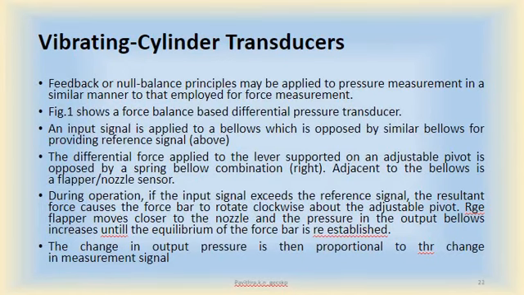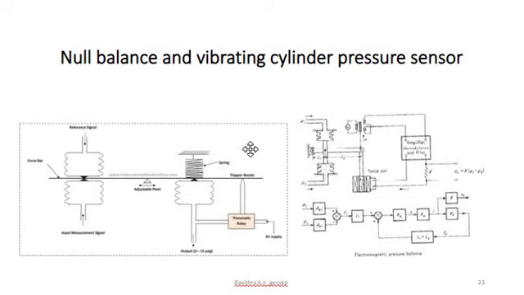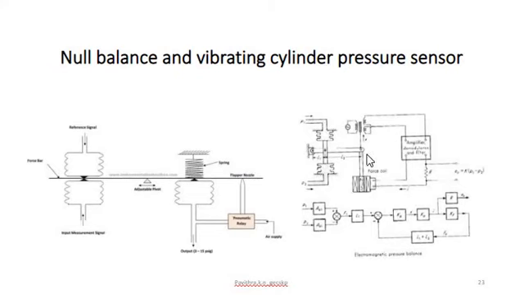So what is the flapper here? This is the flapper. This is the flapper nozzle. So when the input signal exceeds the reference signal, then the force bar will get rotated. As a result, the flapper at the right hand side will move closer to the nozzle, and the pressure in the output bellows will increase until the equilibrium of the force bar is established.